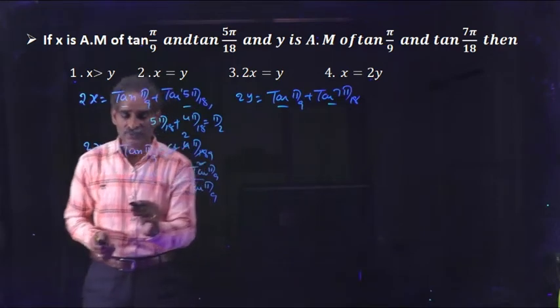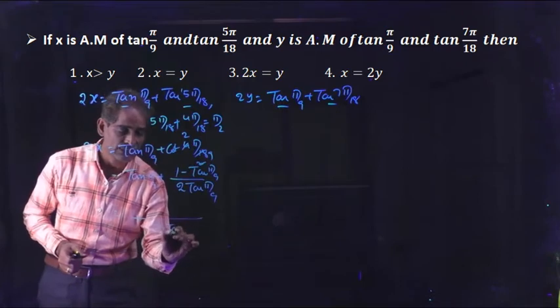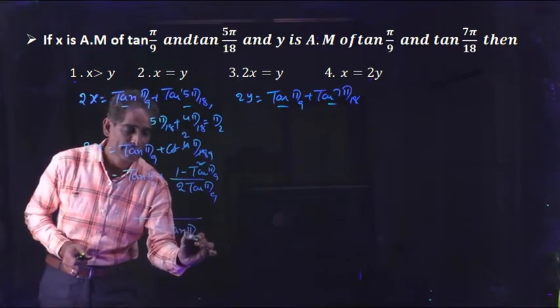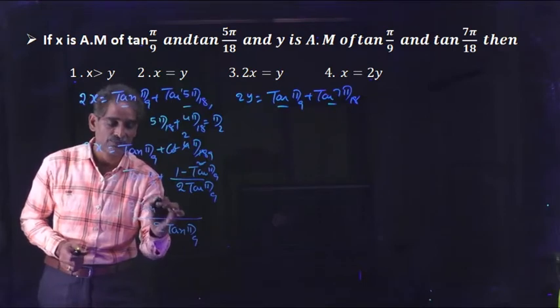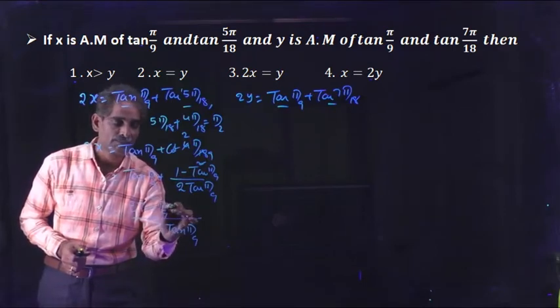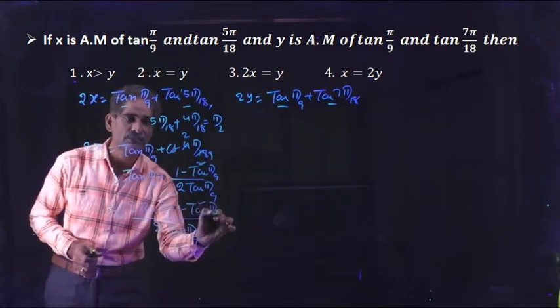Now simplifying this expression, here the LCM is 2 tan(π/9). So now the numerator value is 2 tan square of π/9 plus 1 minus tan square of π/9.